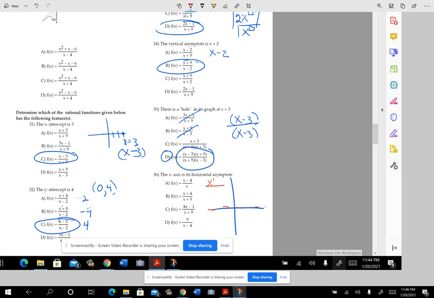So x to something, this has to be a bigger number. Okay, so they can't be the same. So you have to have a degree bigger on the bottom. So that would be the only one that has the degree bigger on the bottom.